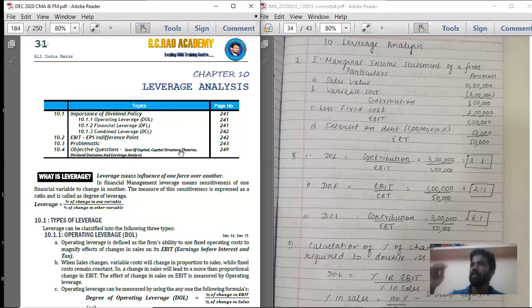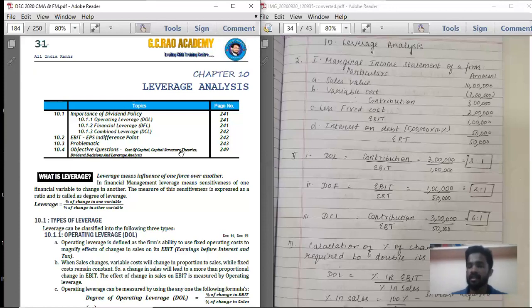So whether your sales increase by 10% or decrease by 10%, your contribution will also increase or decrease by the same 10%. But your fixed cost will be fixed in total. Fixed cost will be fixed as total, and fixed cost will vary per unit. That is the concept of fixed cost.